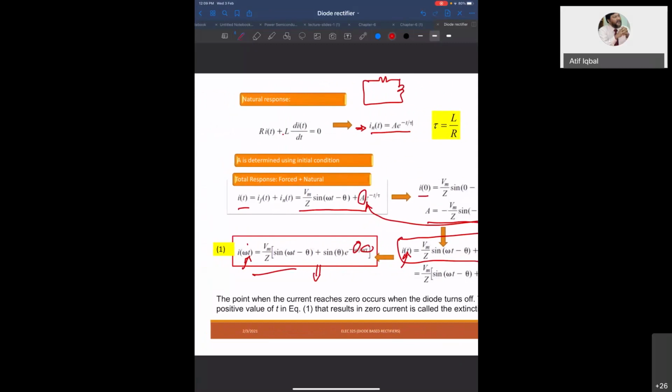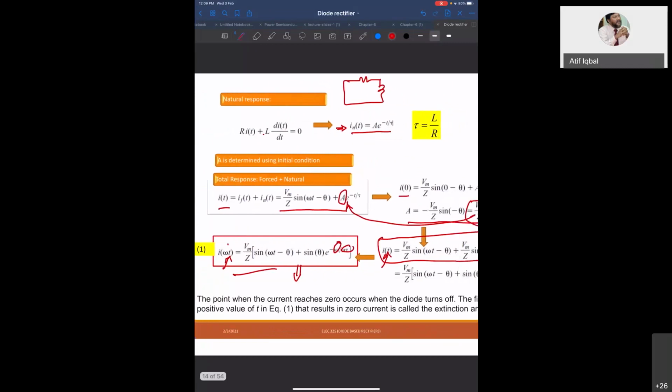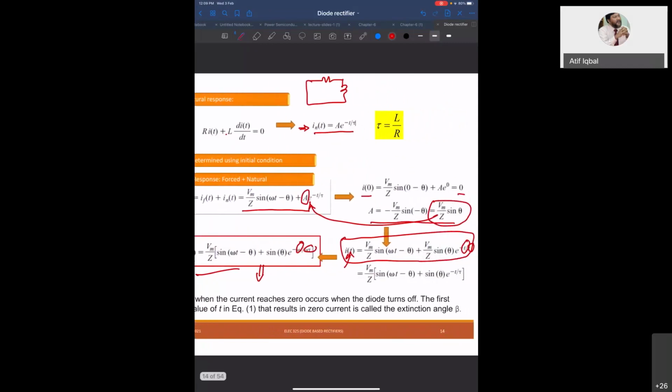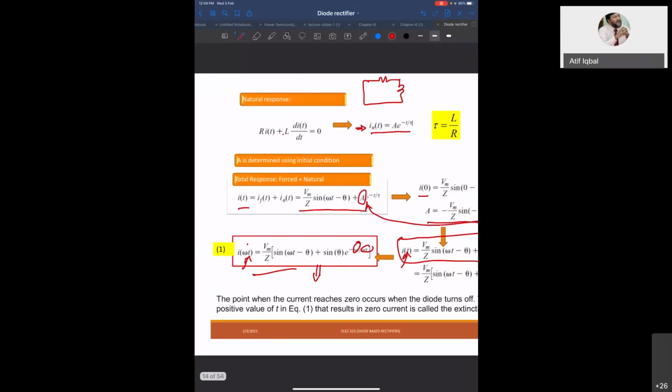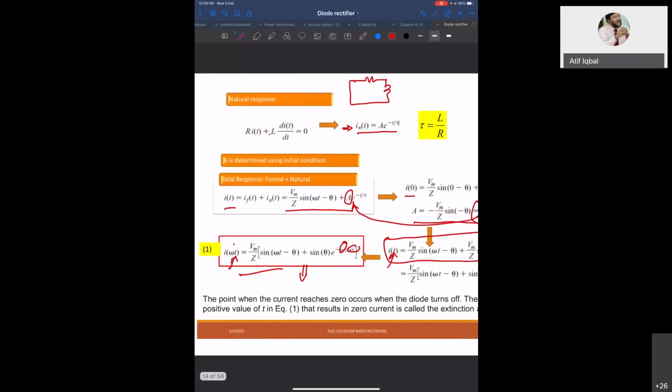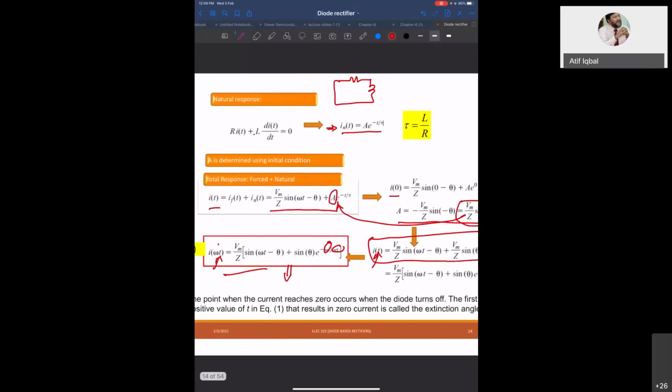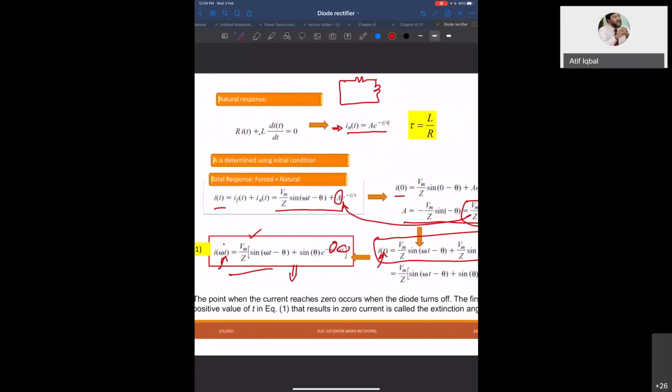Okay. So the point when the current reaches 0 occurs when the diode turns off. The first positive value of equation 1 that results in 0 current is called the extinction angle beta. So how do we get beta?